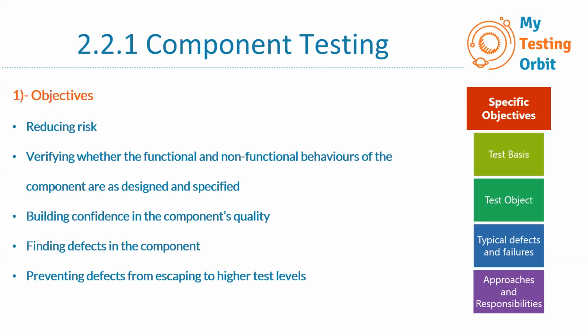So by performing component testing, we are reducing the risk, as we are confident that the component's functionality is working individually. If we have multiple components in a system, and each component has been tested individually and has passed the testing, then we are reducing the risk when those components are merged together.